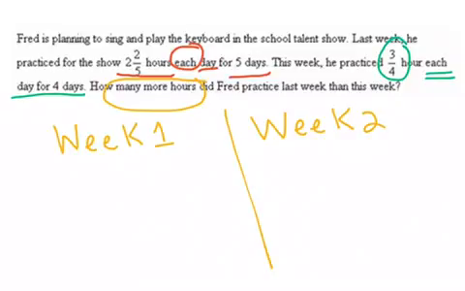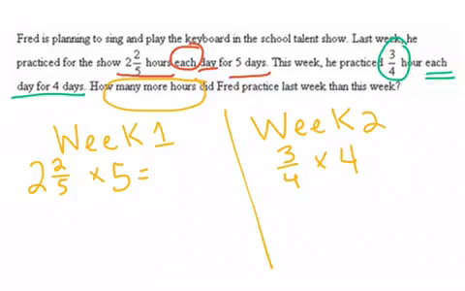So I'm going to make a little chart. And I have 2 2/5 hours in week 1 each day for 5 days. So that is multiplying. So in week 1, I do 2 2/5 a day for 5 days. In week 2, it says you do 3/4 of an hour each day for 4 days.